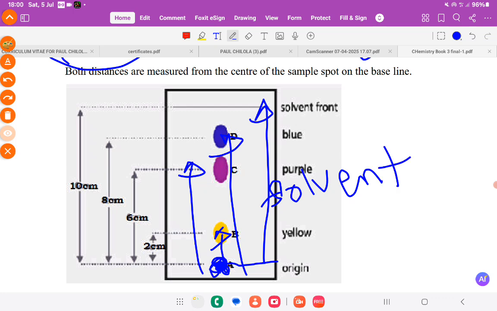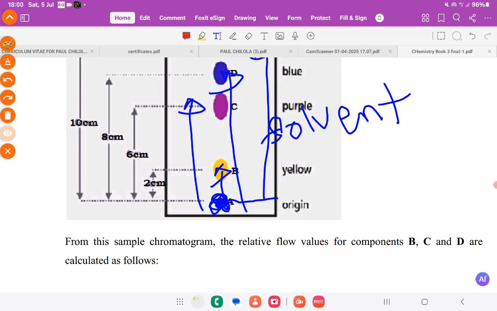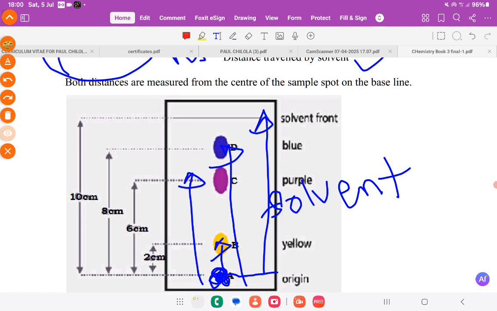All right, so in order to find the relative flow value, you simply look at each substance or each spot at a time. For example, let's suppose that the distance traveled by the solvent is this one here, and the distance traveled by spot B, or substance B, is this 2 centimeters.